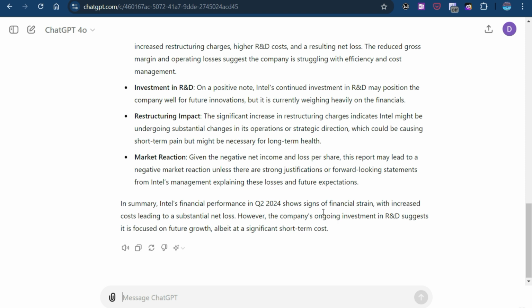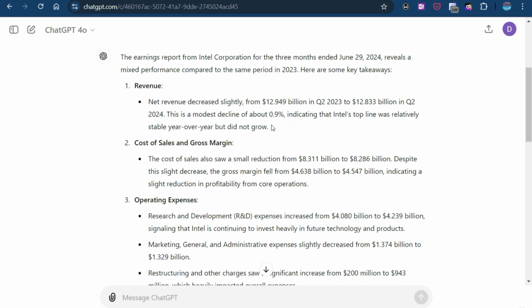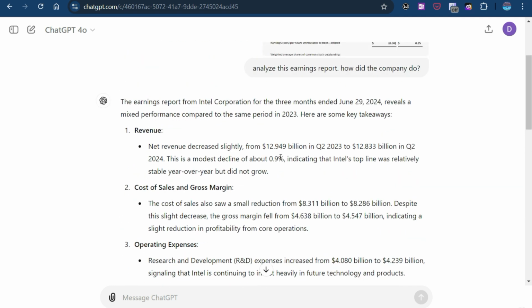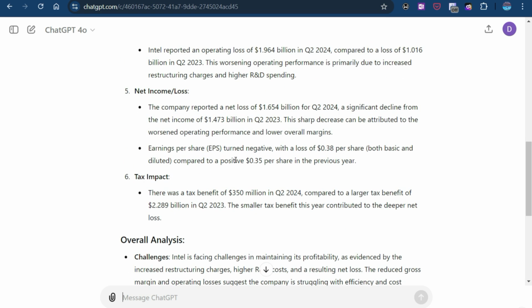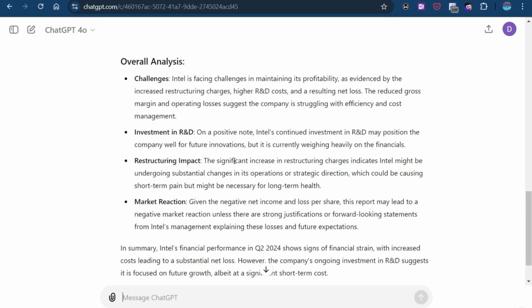So overall, if I were to rank these AIs in terms of ability to analyze an earnings report, I would say definitely ChatGPT looks to be the best one right now. It got the right periods, it showed me the main changes, and it also did a bit more analysis and some more insights than I would have liked to see.